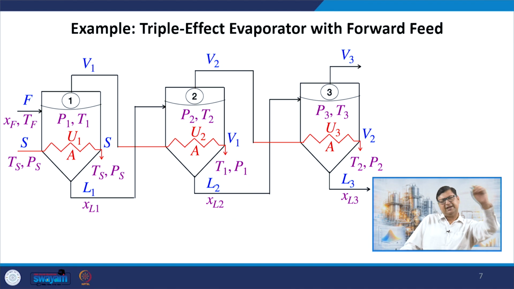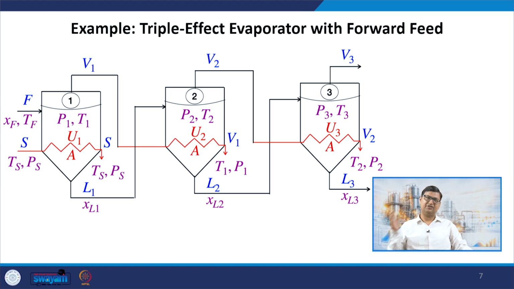So, let me now take an example, and we will look at a triple effect evaporator, which has a forward feed. This example we have done long back in this course, but just to recap, basically what we are doing in a triple effect evaporator is that the subsequent effects after the first effect are powered by the vapor coming from the previous effect. And in the forward feed, the feed and the fresh steam both enter the first effect.